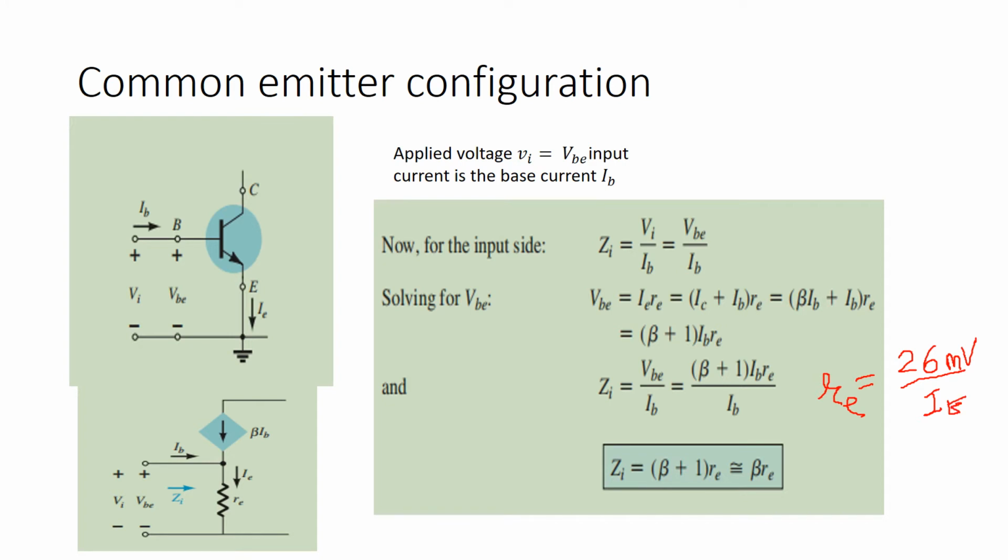In some cases this IE is equal to IC, so RE will be given by 26 millivolts upon IC in that case.